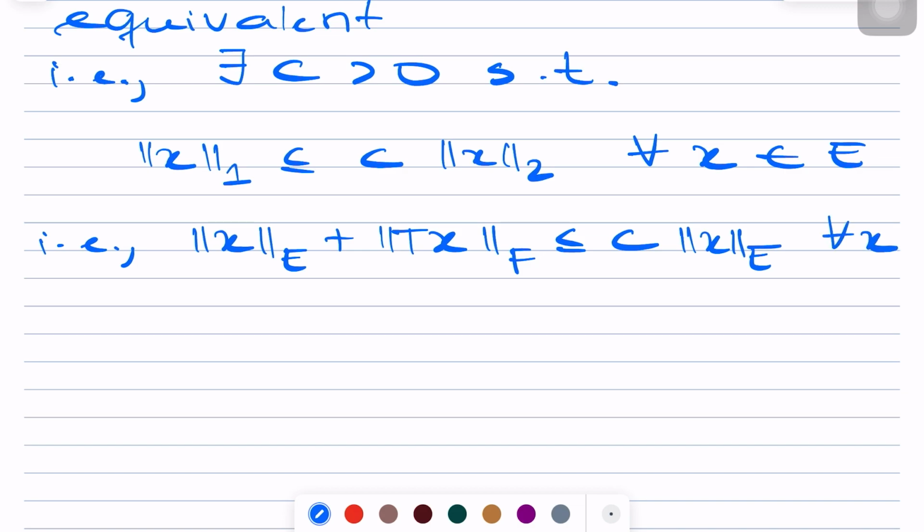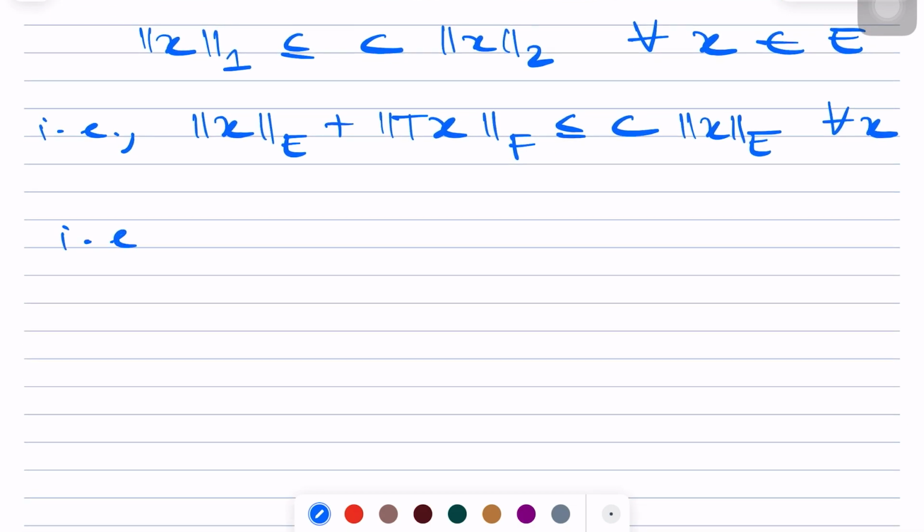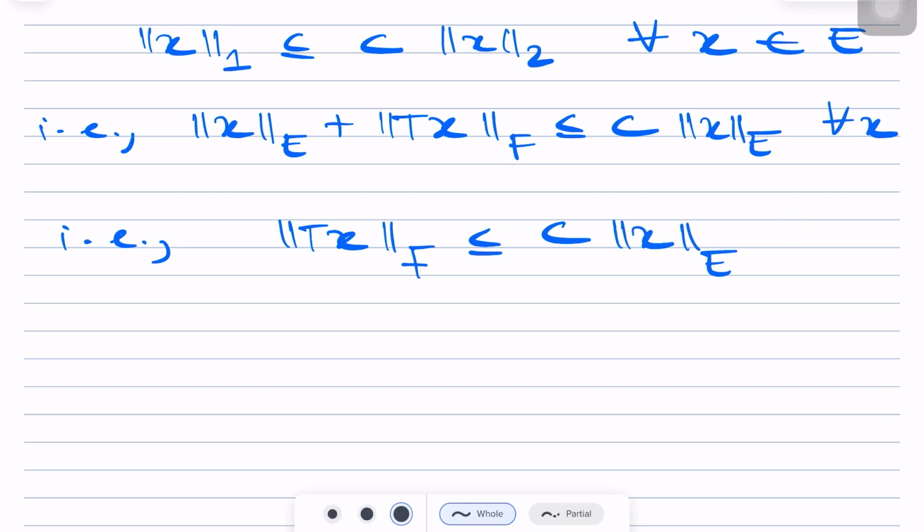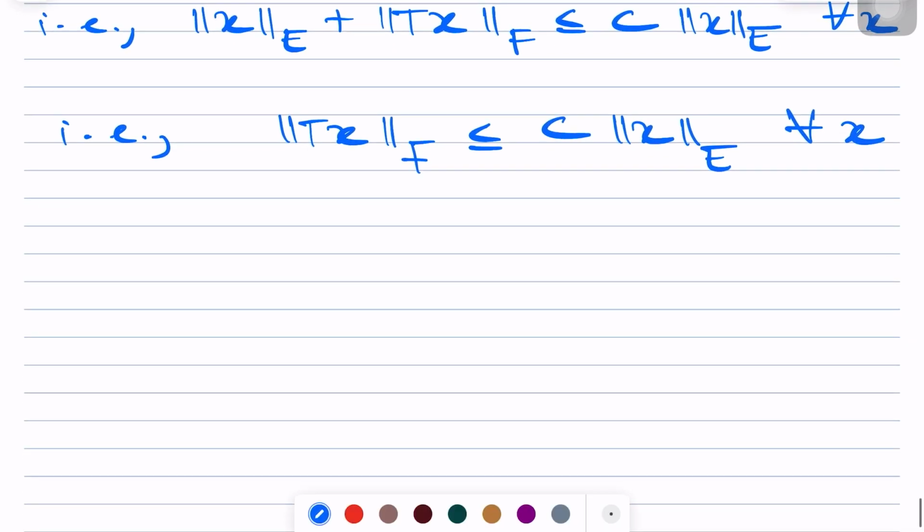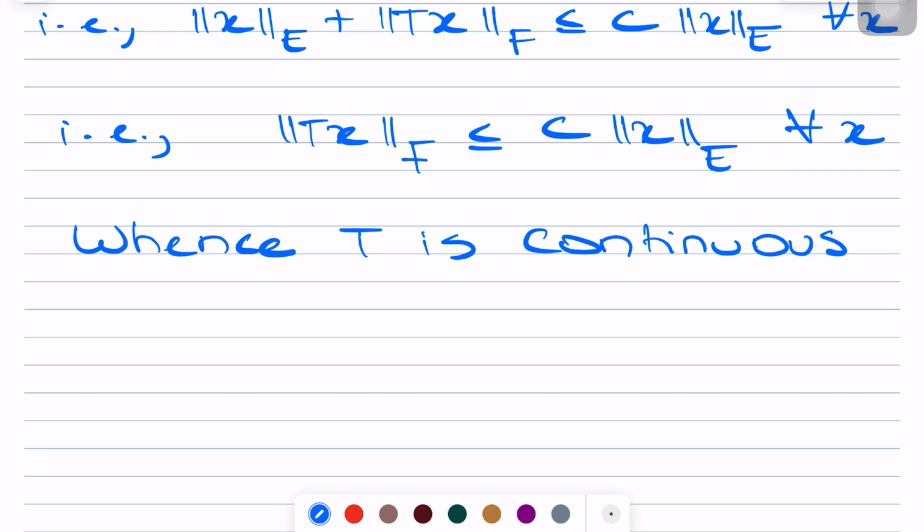So this implies that the norm of T x in F is less or equal than C times the norm of x in E for every x in E. So T is continuous, and we are done.